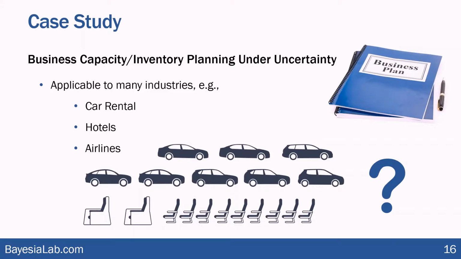This is a generic business, could really represent anything from a car rental station to a hotel to a new airline route, something where we have to deal with units that we need to keep available for customer demand. Not all facets of the problem equally apply to airlines and hotels and so on, but it's all about having the right inventory, having the right capacity for customer demand.